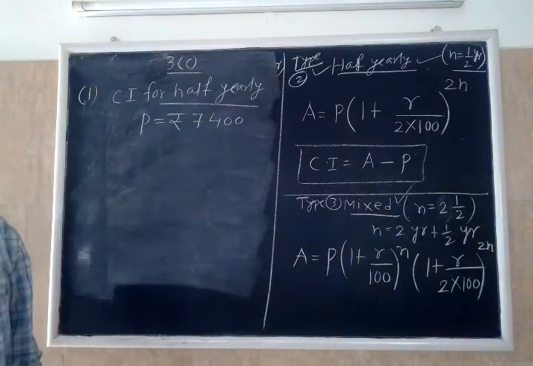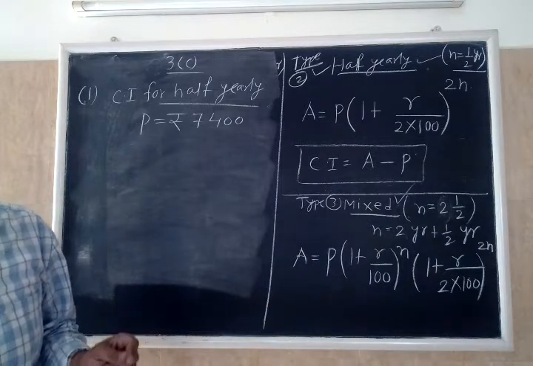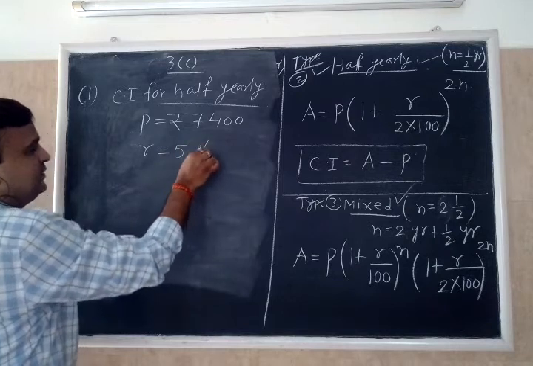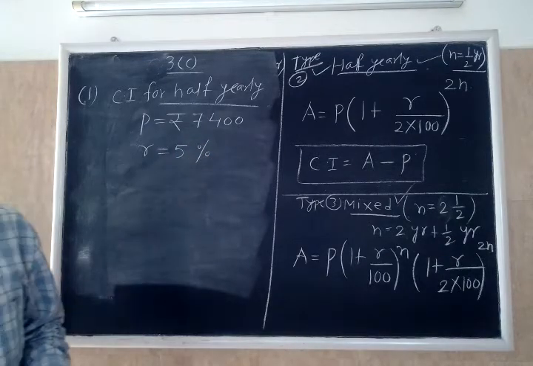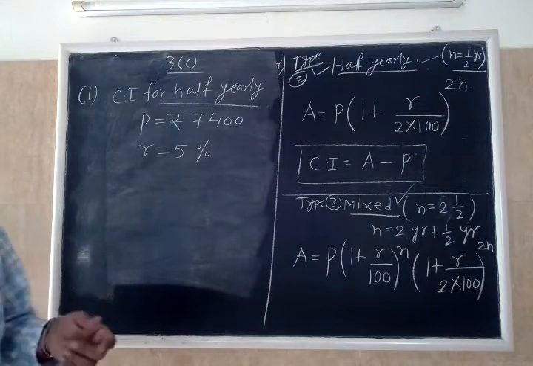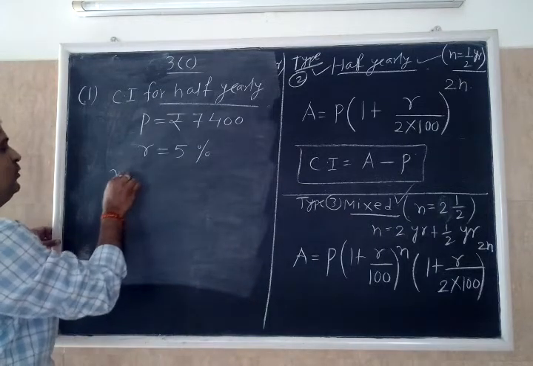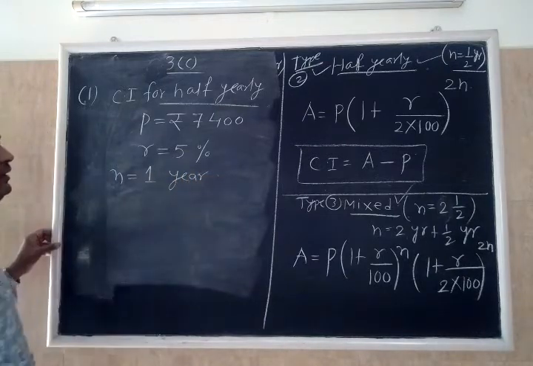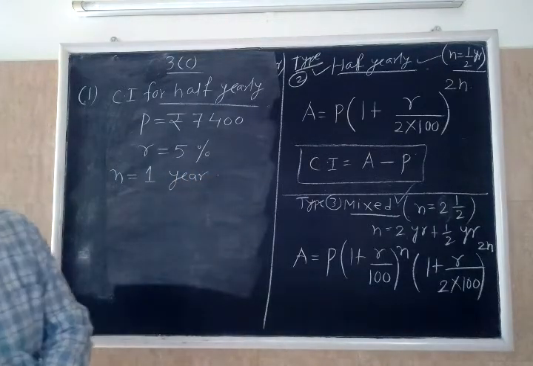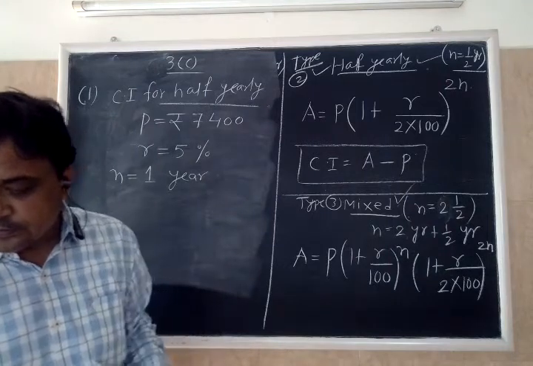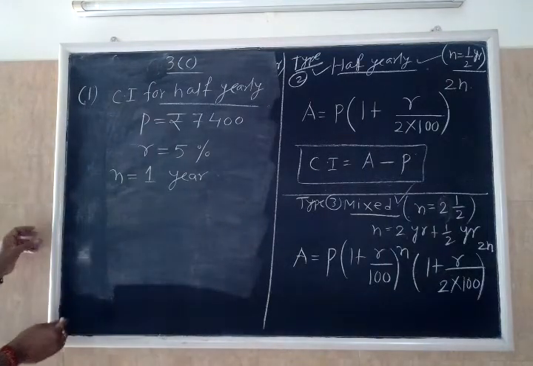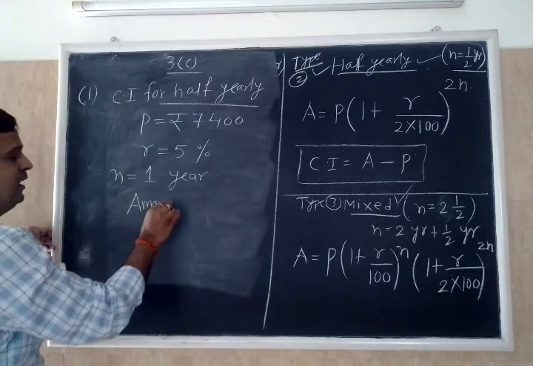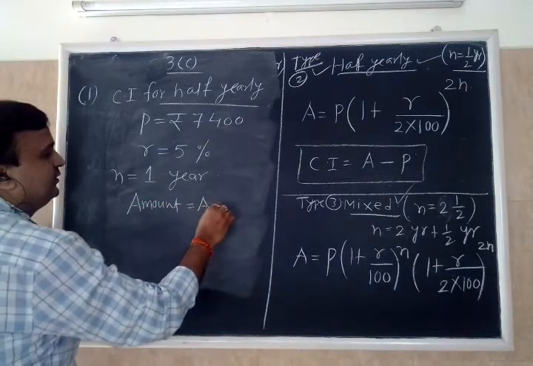The rate of interest R is 5% per annum, and the duration is 1 year, so n is equal to 1 year. Amount is A, we have to calculate.